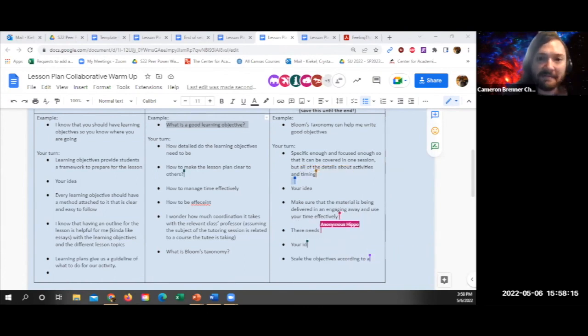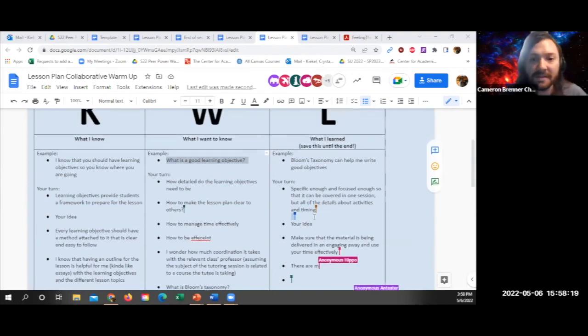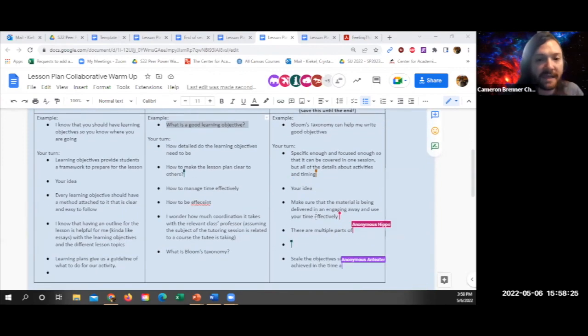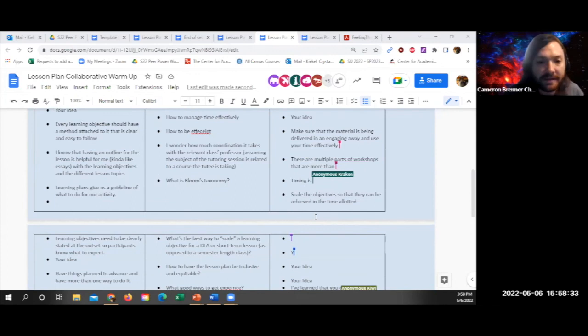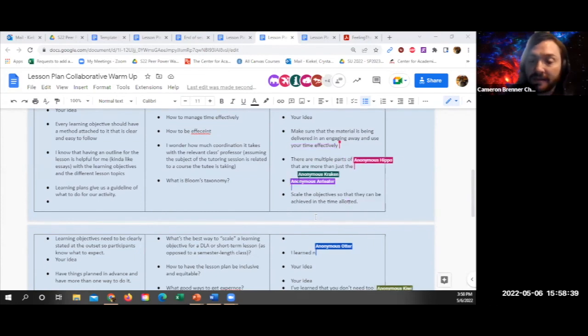So let's take a look at what people have written in their examples. Specific enough and focused enough so that it can be covered in one session, but with all the details and the activities and timing. Make sure that the material is being delivered in an engaging way and uses your time effectively. You can scale objectives so they can be achieved in the time allotted.